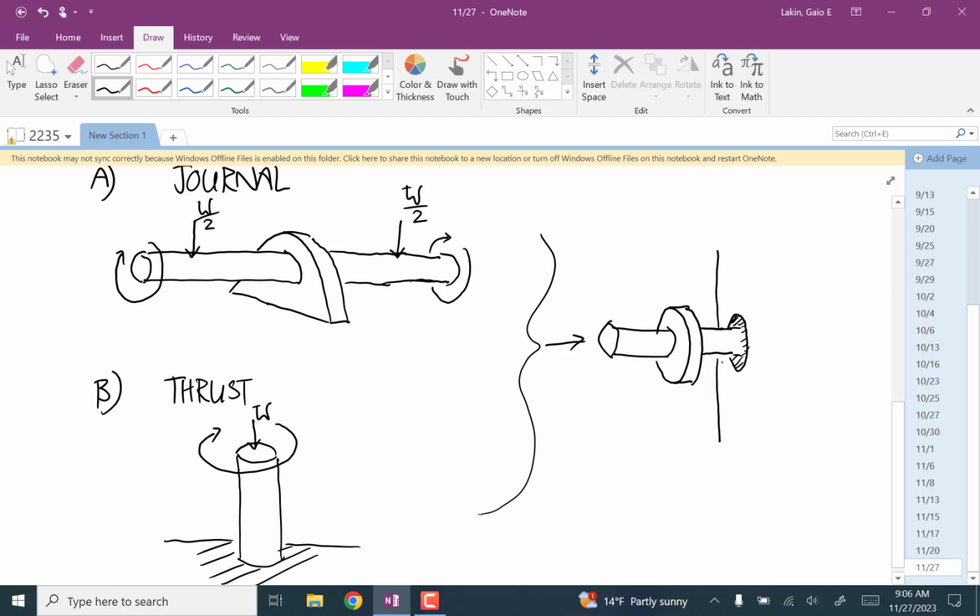So that flange would apply thrust friction on the wall, and the axle would have journal bearing friction. Okay, so this would be a case where you have both of those together.